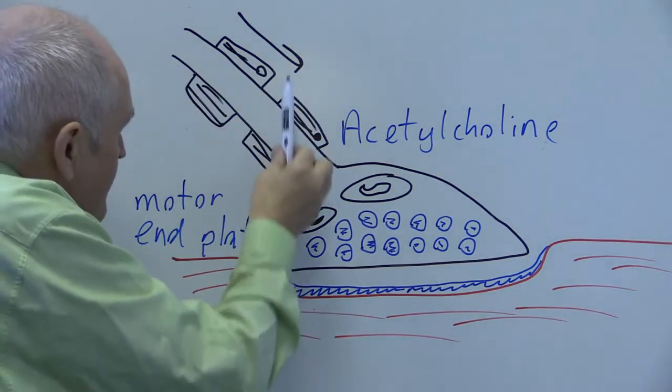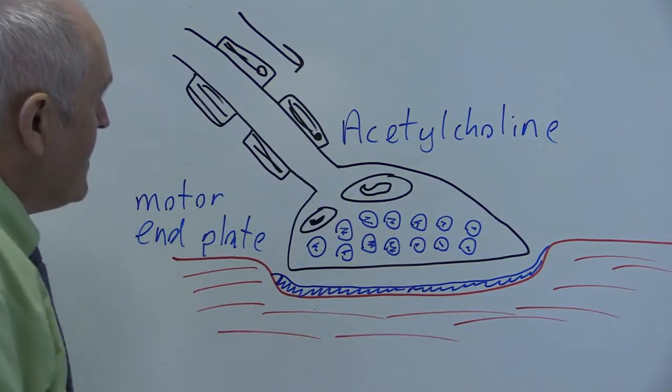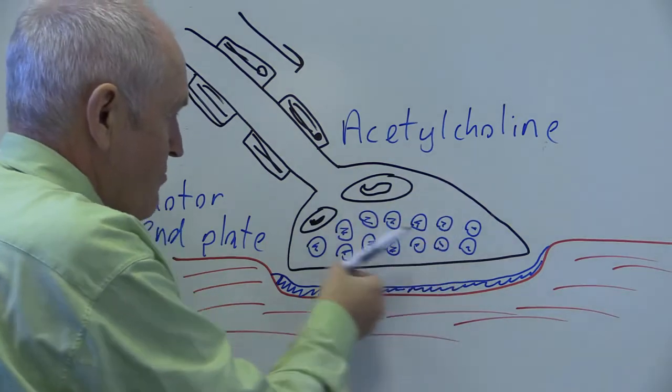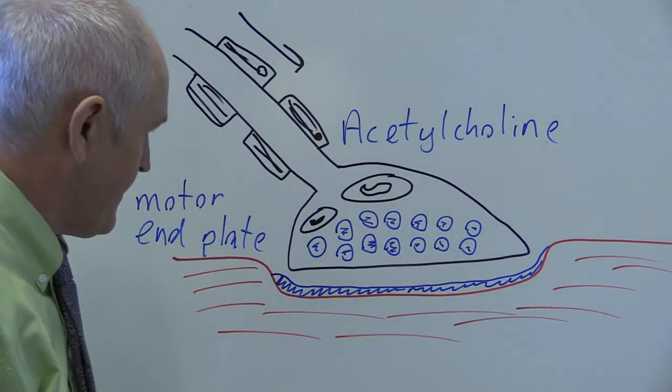The nerve impulse is going to come down via this saltatory transmission. The electrical nerve impulse is going to arrive in the motor end plate.